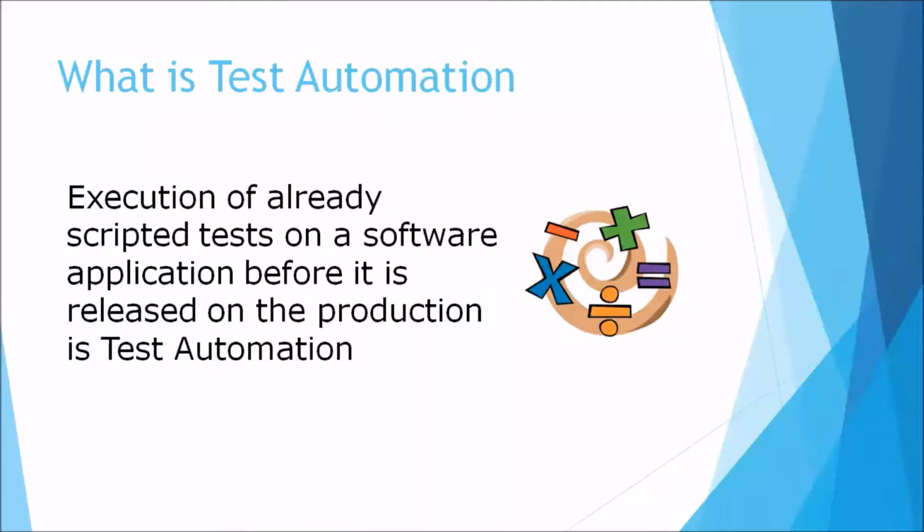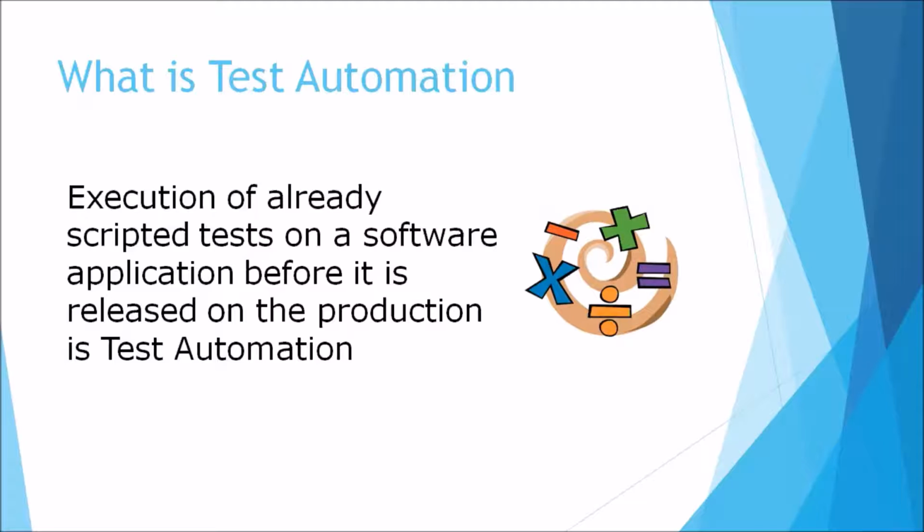So, that is what is written here. Execution, written here in terms of Selenium: it is execution of already scripted tests on a software application before it is released to production. That is test automation. Here we are talking about already scripted tests.